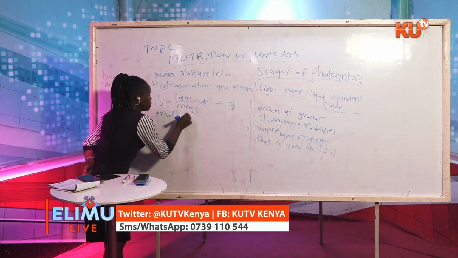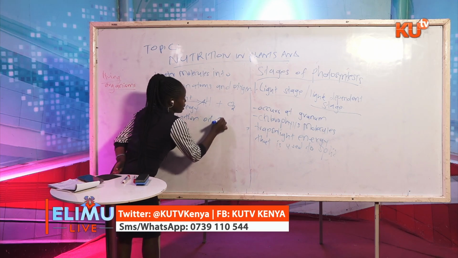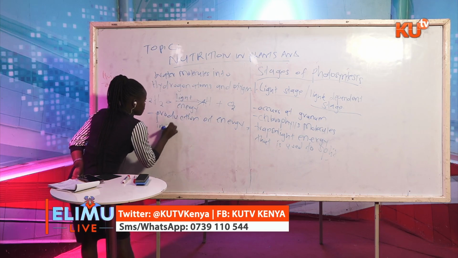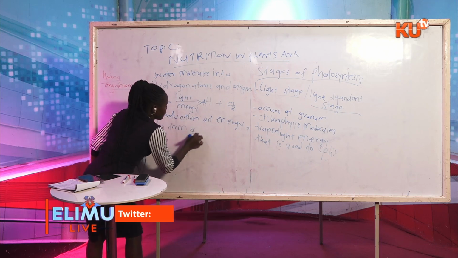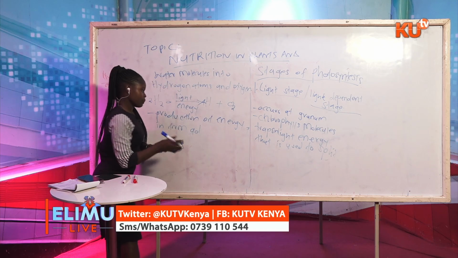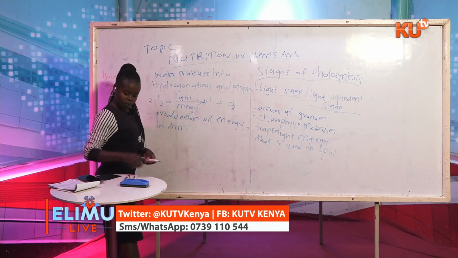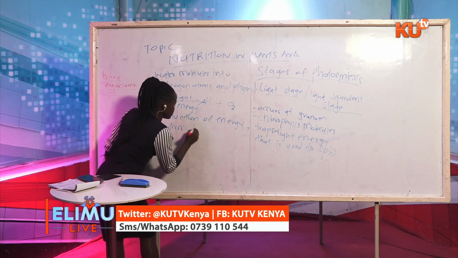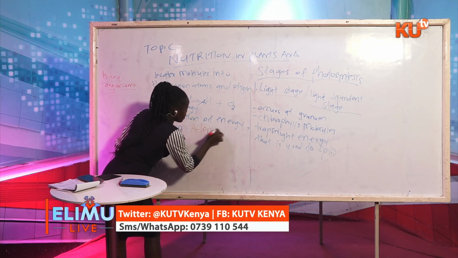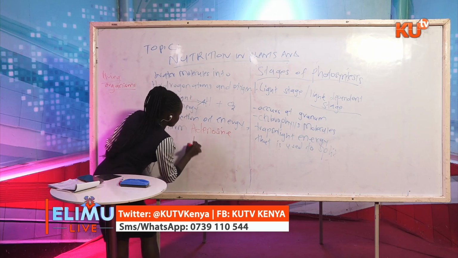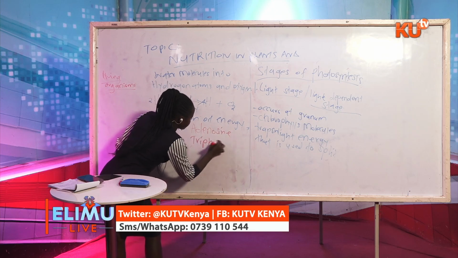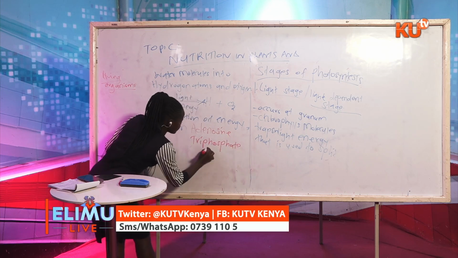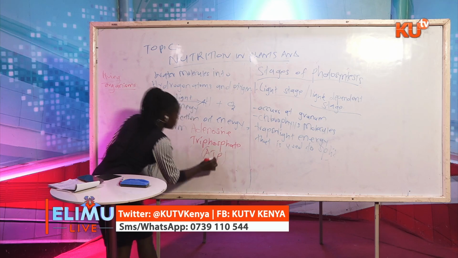There is production of energy in the form of adenosine triphosphate, which is called ATP.